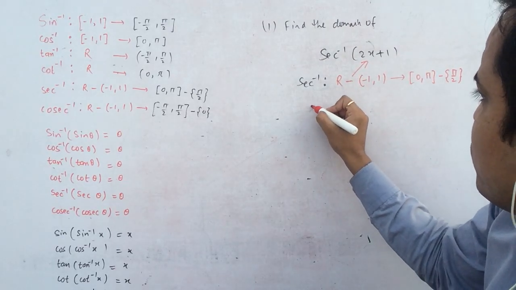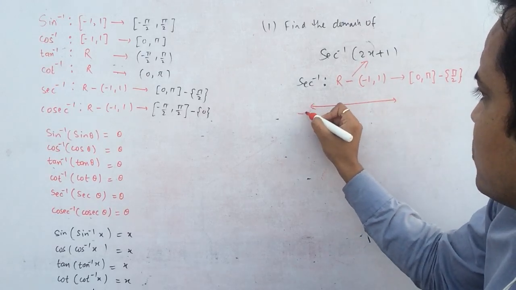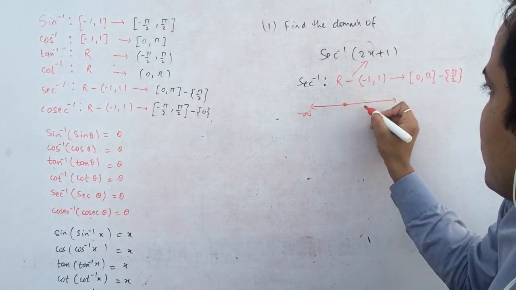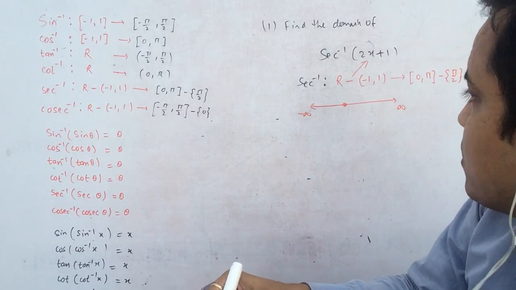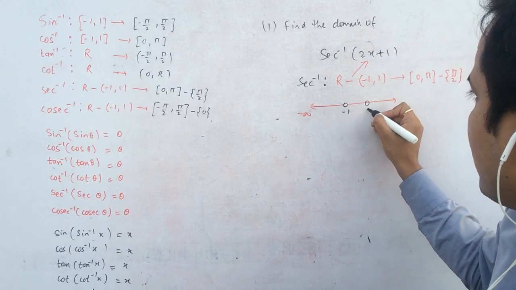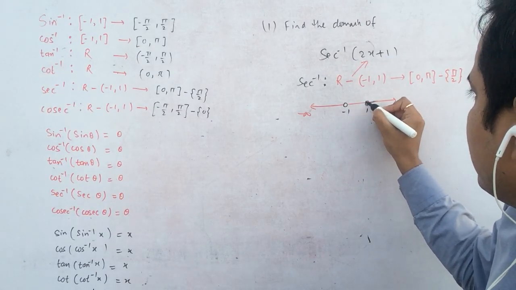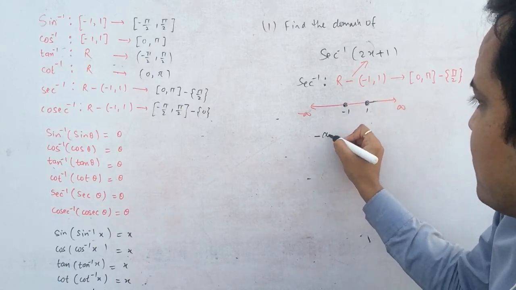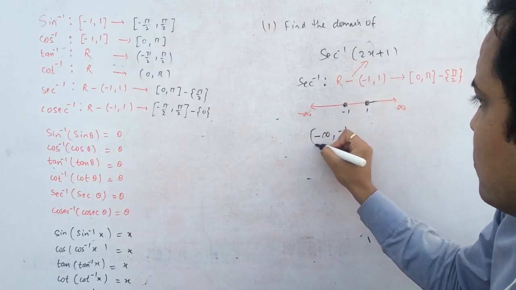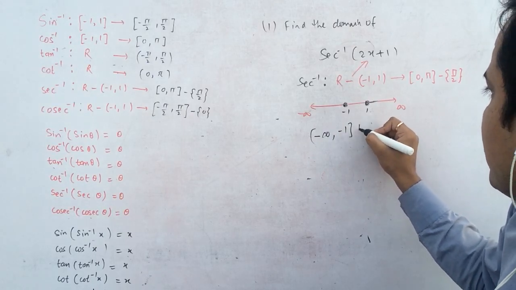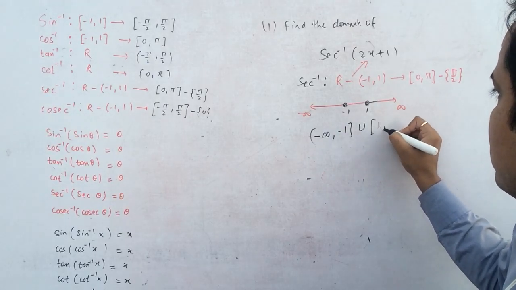We have to find the domain, so we need to focus on this only. When you draw the graph, it goes from minus infinity to plus infinity, with -1 and 1 marked around 0. The values between them are not included. So you can write it as minus infinity to -1, closed interval, union 1 to infinity.